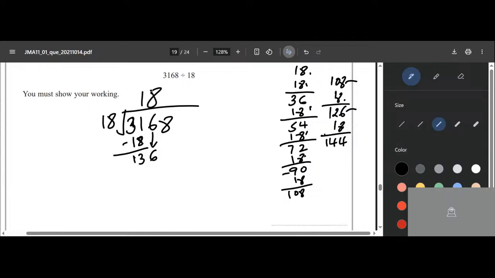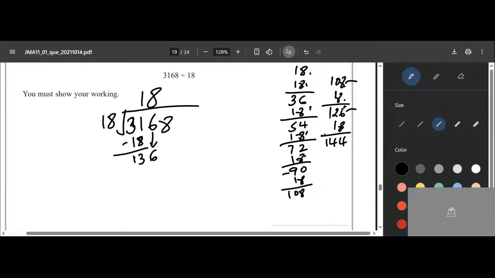So it divides here 8 times. But if that is supposed to be 7 times, because 1, 2, 3, 4, 5, 6, I had repeated here twice.